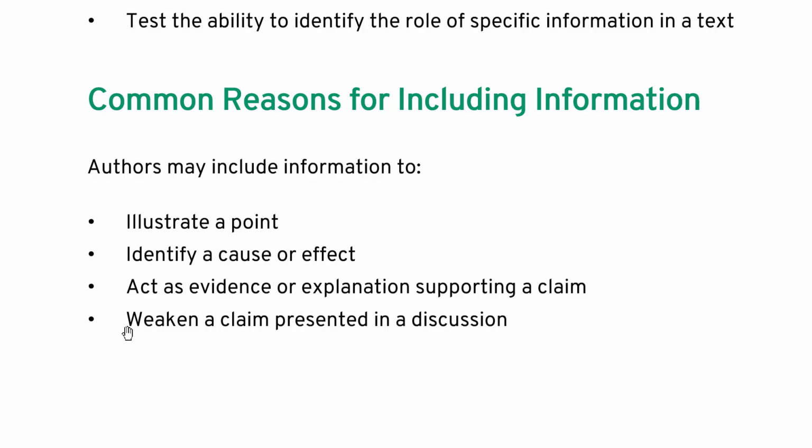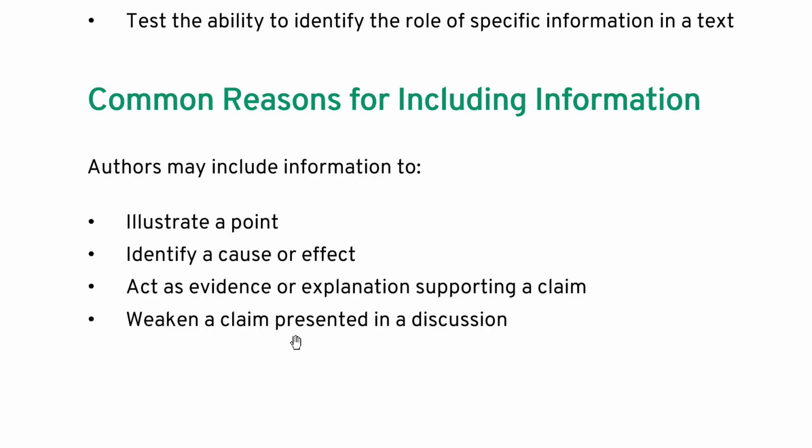And the next is to weaken a claim presented in a discussion. Often the writer may state a point of information in order to weaken the claim which is already stated, it means to disprove it or to reject the idea.